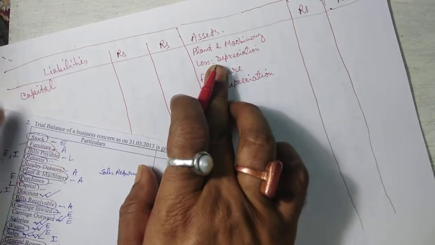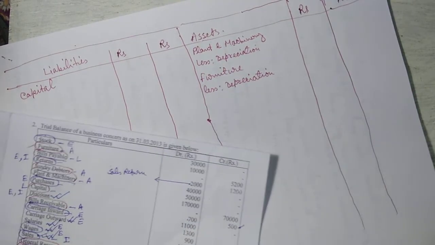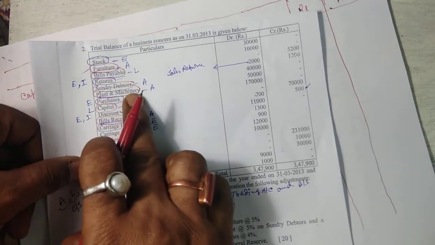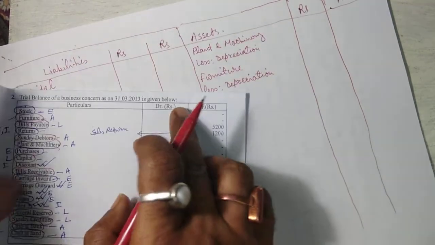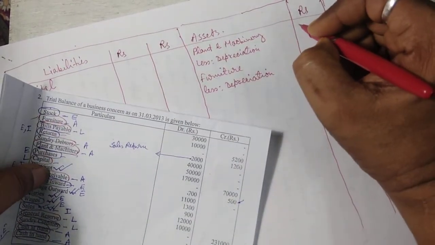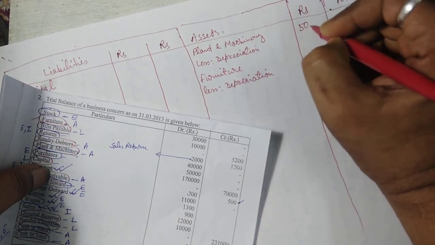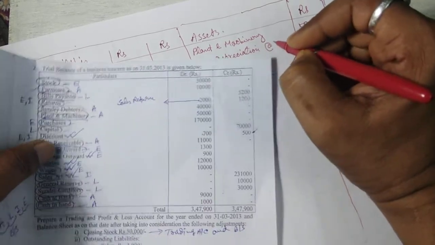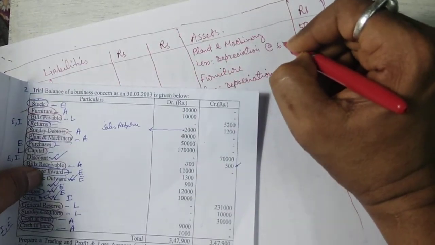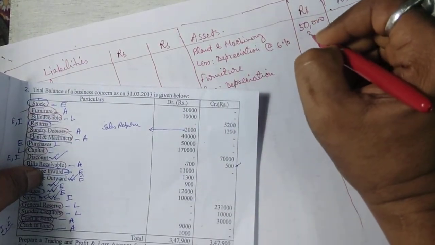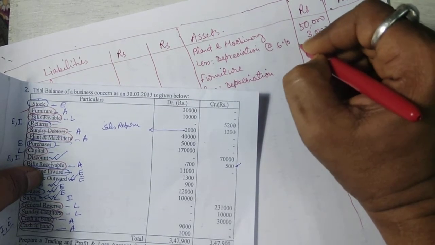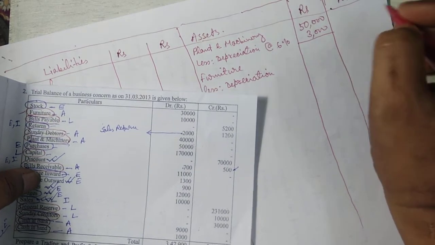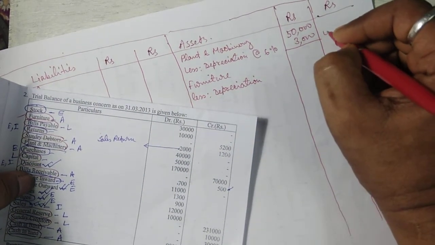Now plant and machinery balance was 50,000. So we should write here 50,000. Less depreciation at the rate of 6%, that is 3,000, should be deducted and the net figure should be written in the outer column, that is 47,000.